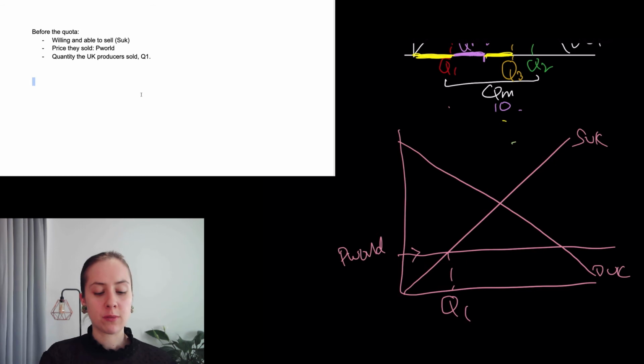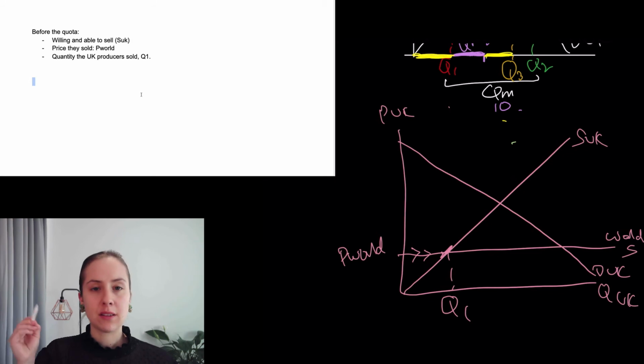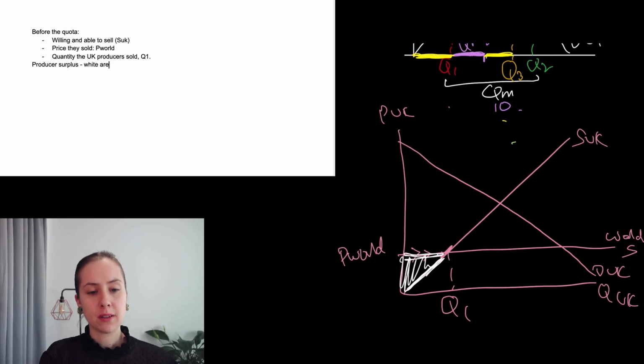Remember, you went across from the price, you find the UK supply curve, and that's the quantity. So this means that the UK producer surplus was the difference between the price and what they were willing to sell for, which is your supply curve, which gives you this white area. So producer surplus equals this white area.